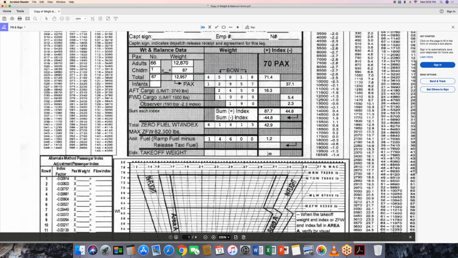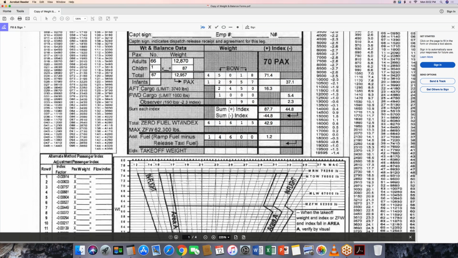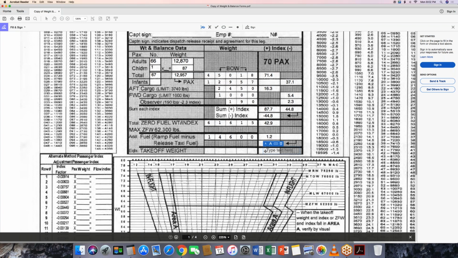So this is one of the times that you see the fuel index as a positive number, right? 14,000 to 17,500 is that sweet spot where we actually get a positive CG. So we just add these two together to give us our takeoff weight and index. What was our takeoff index?